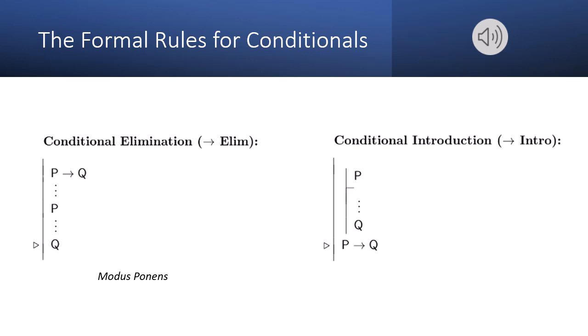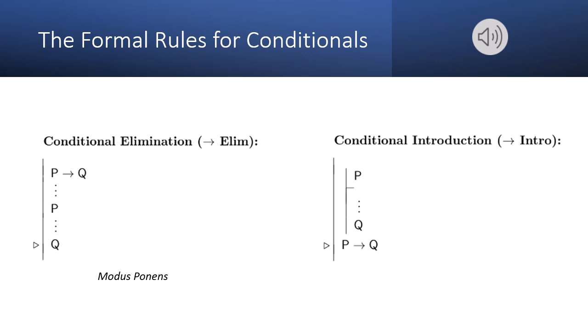So if P implies Q and P is true, Q must be true as well. And again, here we would have to go back whenever we're using this conditional elimination and cite these two particular sentences. And again, it's an elimination rule because notice that we go from lines that have a conditional to lines that don't.